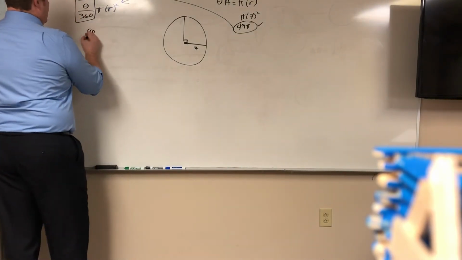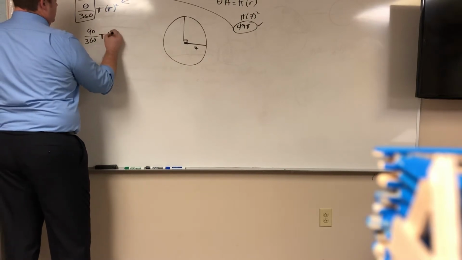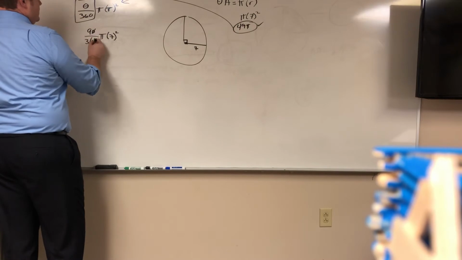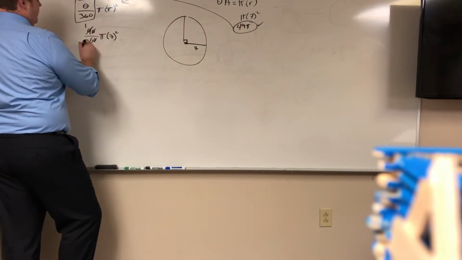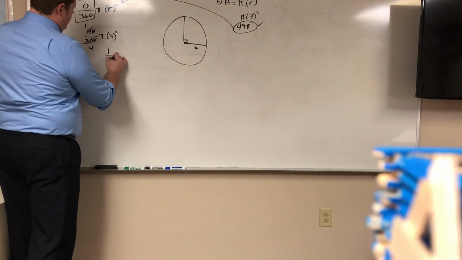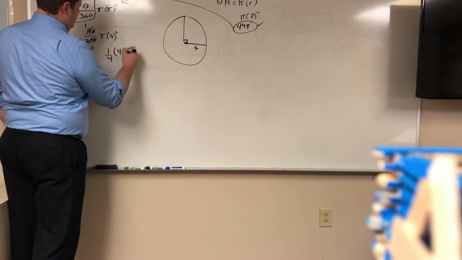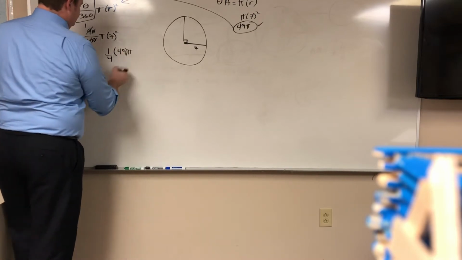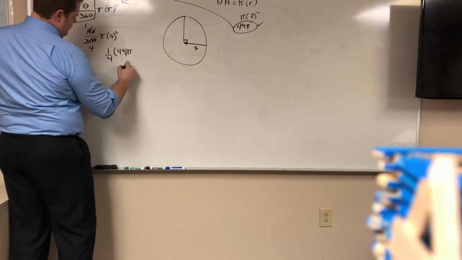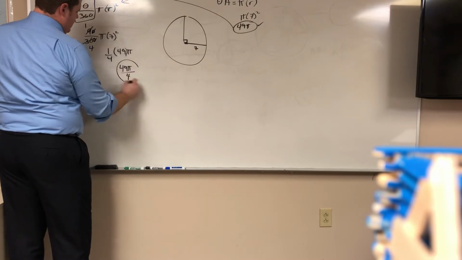So 90 over 360 pi 7 squared, right? 0, 0 cancel. 9 goes into it 4 times. I'm left with 1/4. 1/4 times 49 pi, right? So my area of a sector is 49 pi over 4.